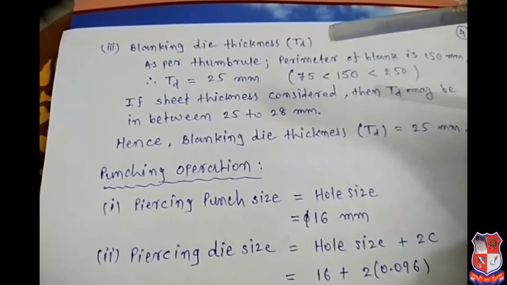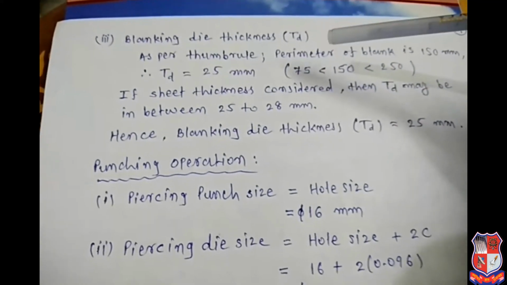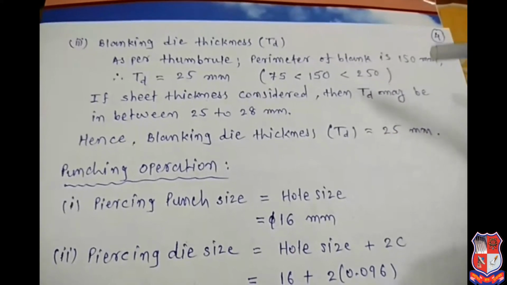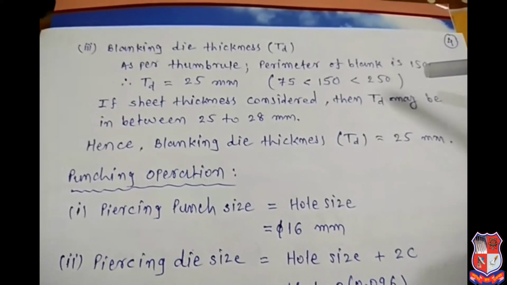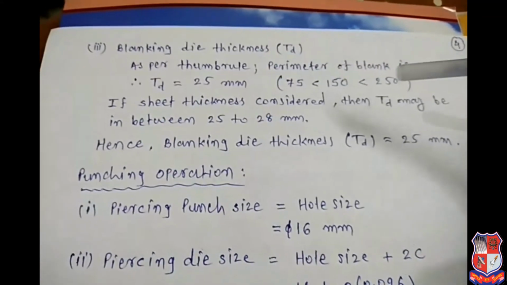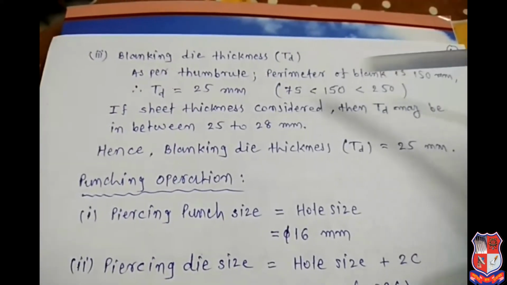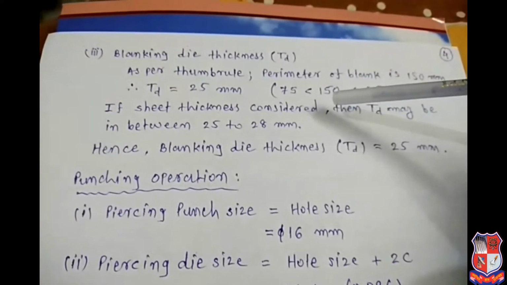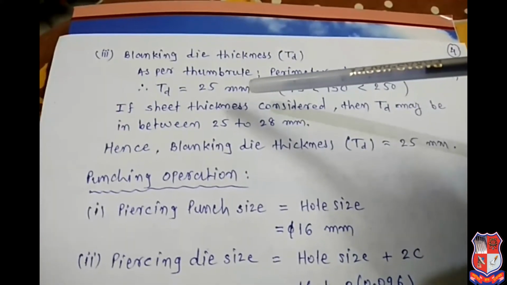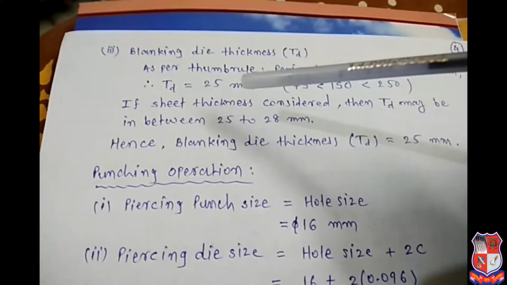Now second, blanking die thickness. Another important dimension as per the thumb rule. If we calculate the perimeter of the blank, that is 150 mm. So the TD will be 25 mm, because our perimeter is falling in the range of 75 to 250. So TD as per the thumb rule will come to 25 mm.